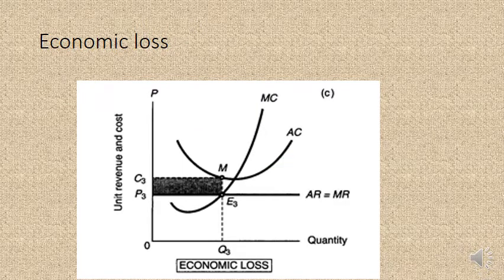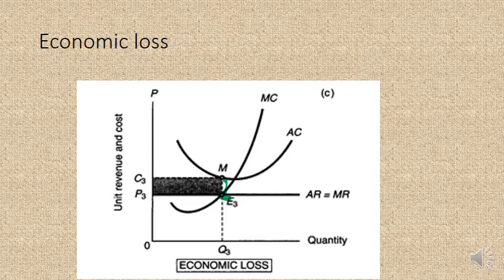For economic loss, your average cost curve will lie above your average revenue curve. So now you can see the equilibrium point has been identified as E3. And if we look here, your cost curve lies above your revenue curve. So those are the three profit situations.